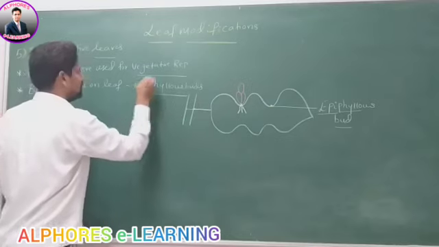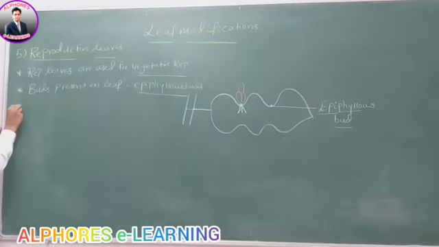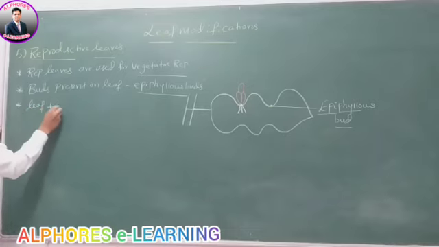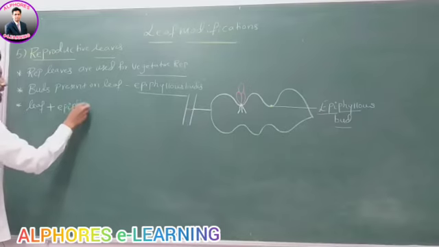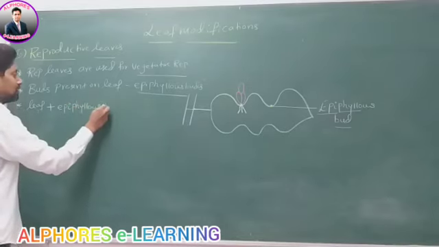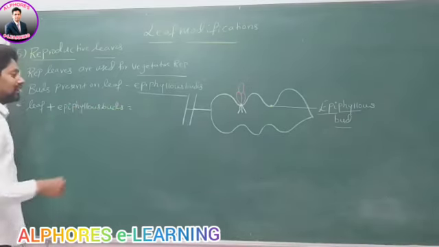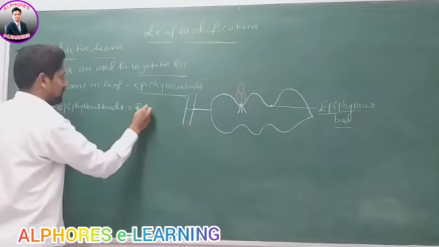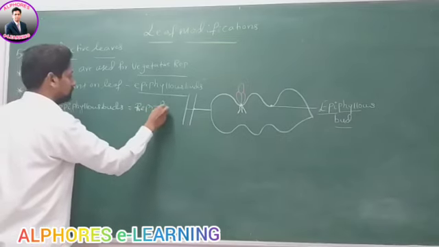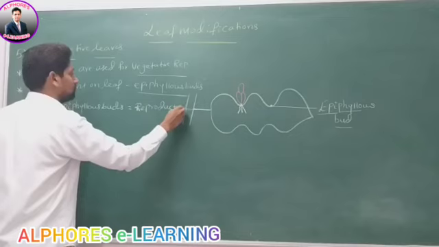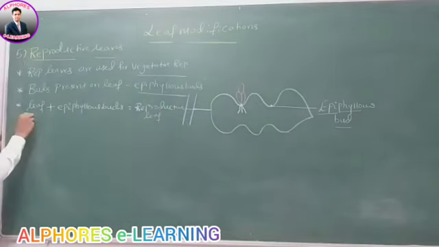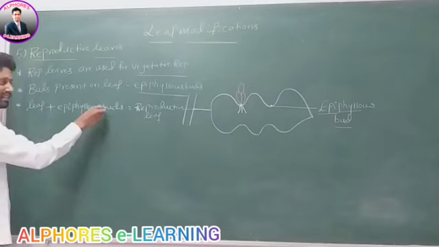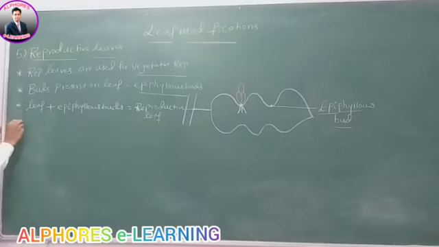Sir, if a leaf is with epiphyllous buds, then that leaf is called a reproductive leaf. Yes or no? Reproductive leaf. Is this statement okay? Therefore, a leaf with epiphyllous buds is called a reproductive leaf.